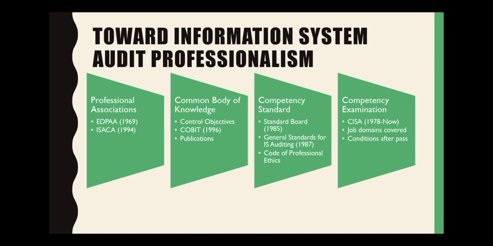And then in 1996, it was changed to COBIT, or Control Objectives for Information and Related Technologies. The focus of COBIT is on business process, of course related to information and related technology. We already saw COBIT in the previous chapter and in another course.